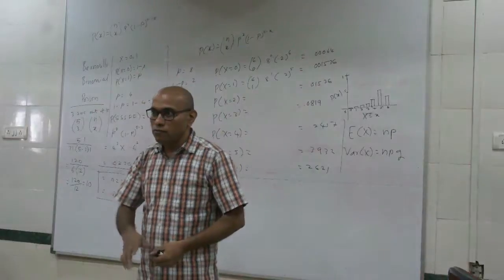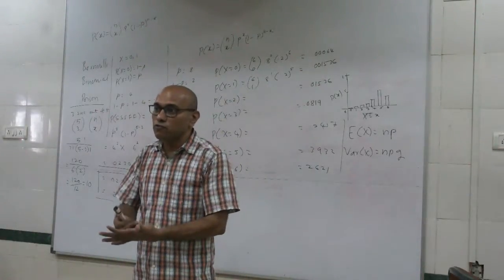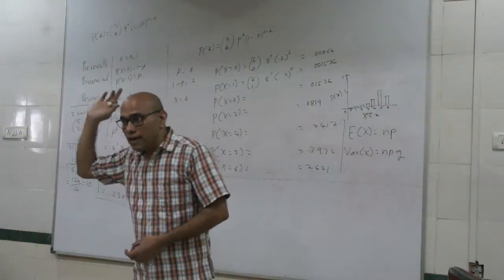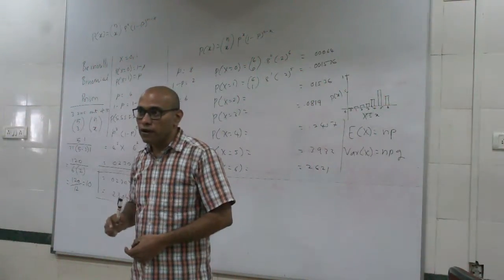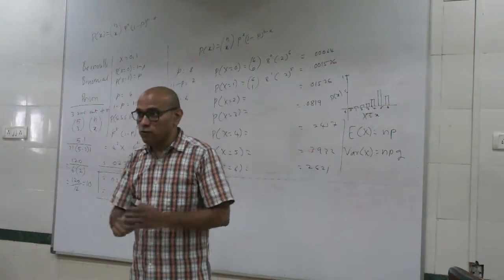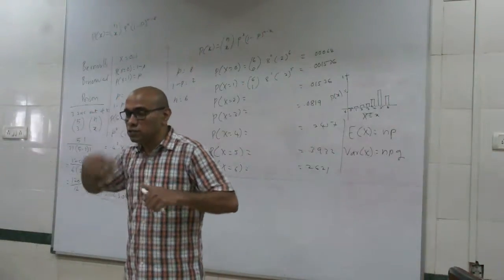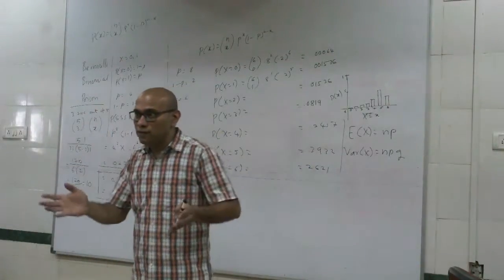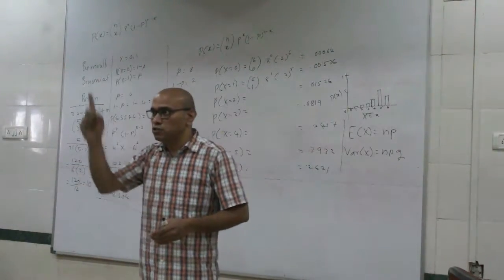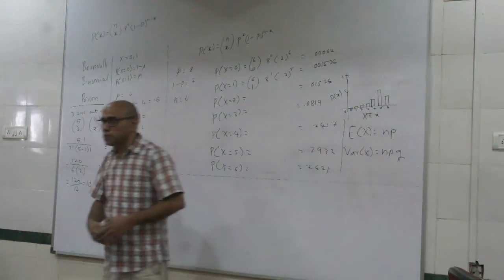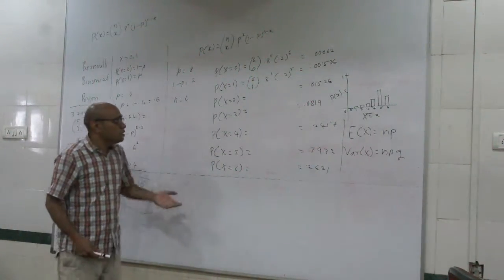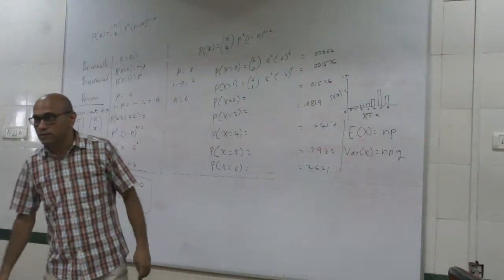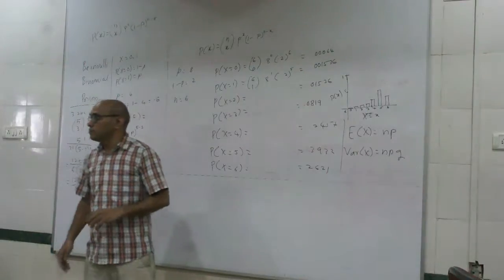First gets cured is P raised to 1, Q raised to n minus x, right? That is just one sequence. So I need to add up all these sequences. One would occur 6 different ways: first position, second position, third position, fourth position, fifth position, sixth position. So how do I know it? 6C1. That is NCX. I need NCX.